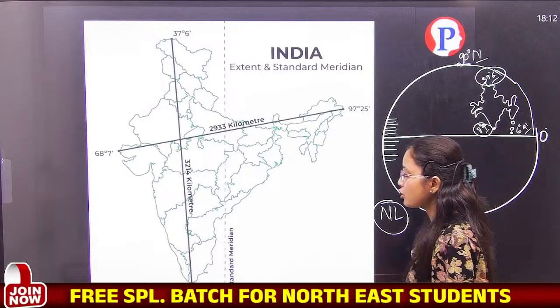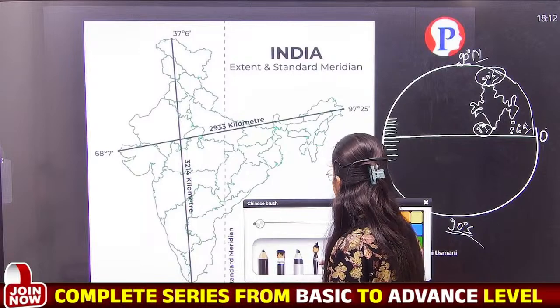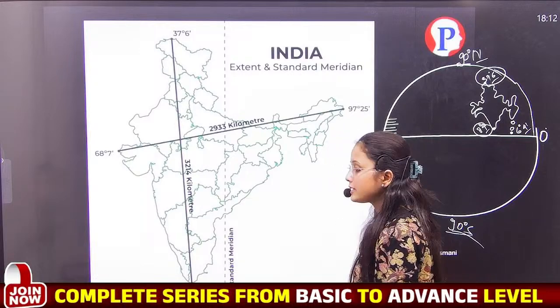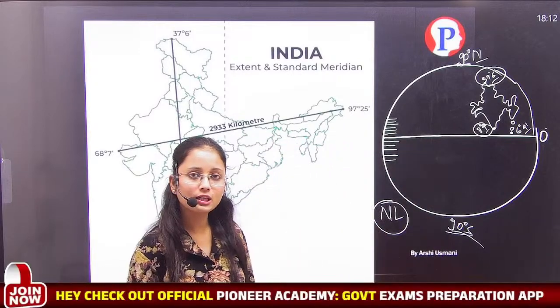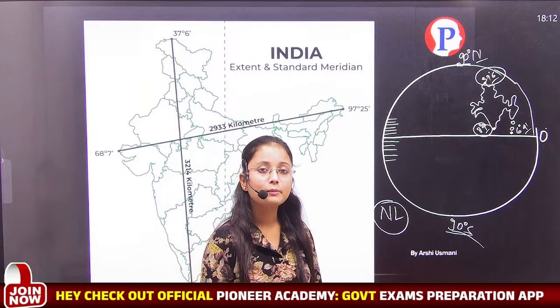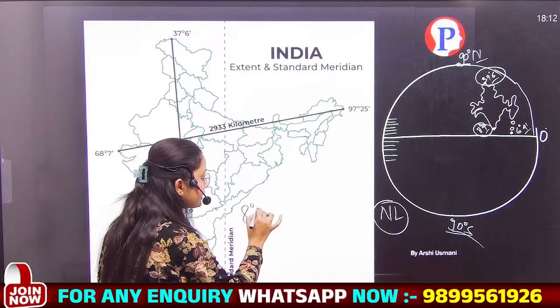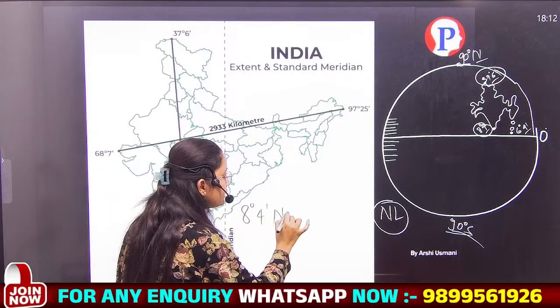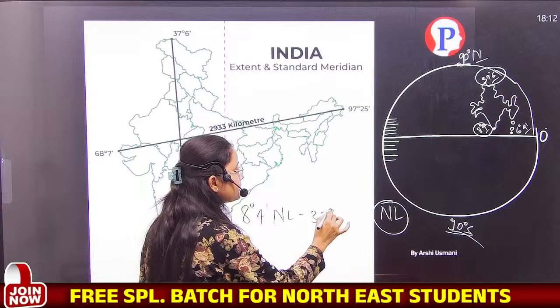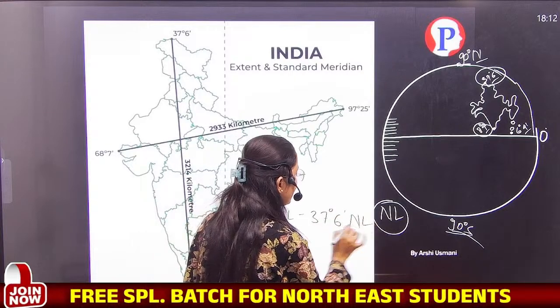6 degree 4 minute. When the examiner asks you the latitudinal extension of the mainland of India, you will have to answer 8 degree 4 minute northern latitude to 37 degree 6 minute northern latitude.